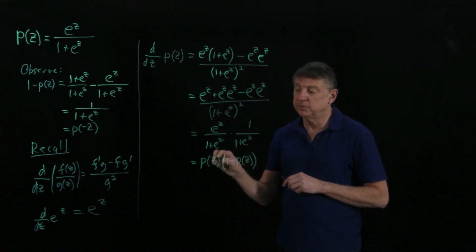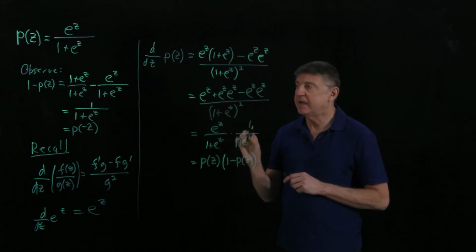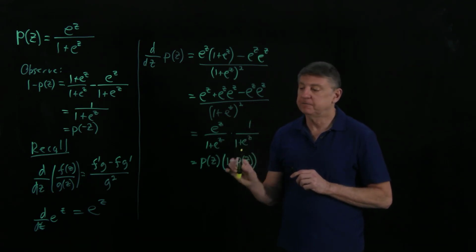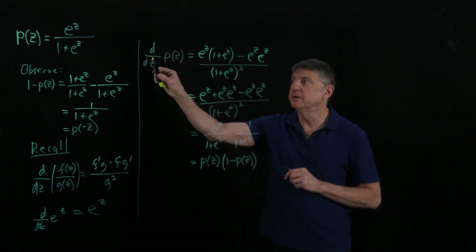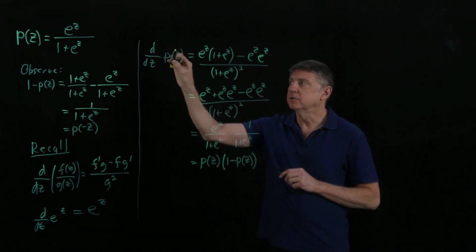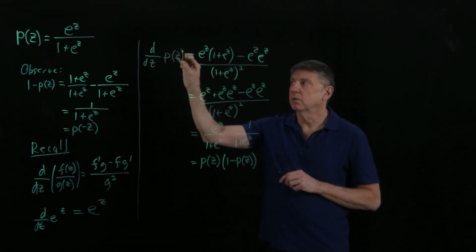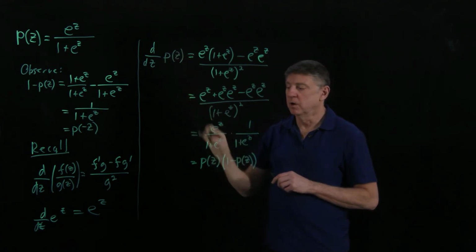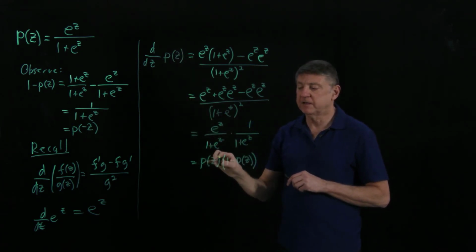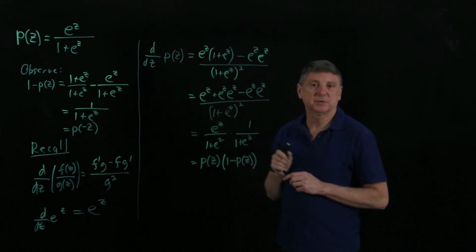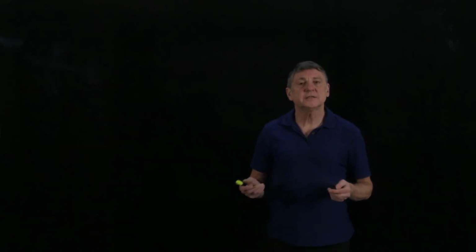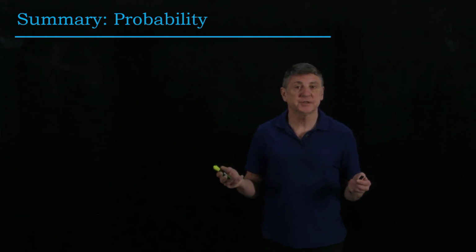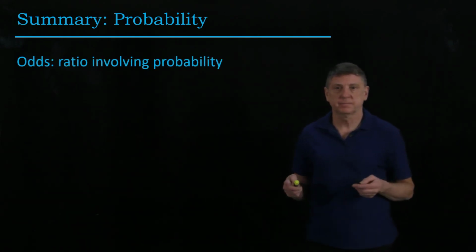I only have to do this one function evaluation, and I can very efficiently compute the derivative of the probability of the score given the score, by just doing one function evaluation, a subtraction, and a multiplication.